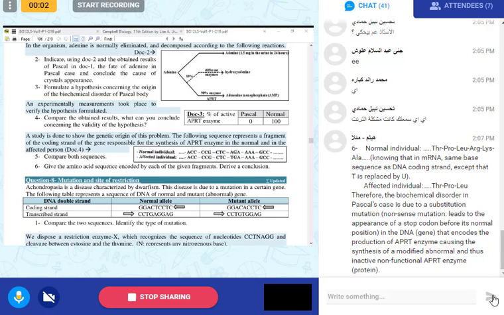You see, in the affected individual the mutation created a stop codon. The stop means translation does not continue, so it stopped and produced a very small protein, an inactive non-functional APRT enzyme, leading to this problem. Okay, clear?